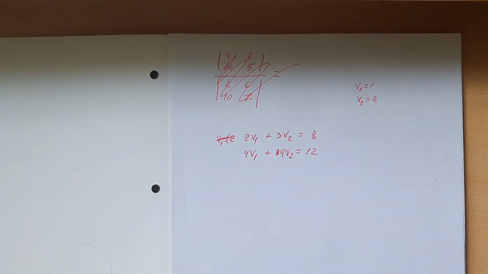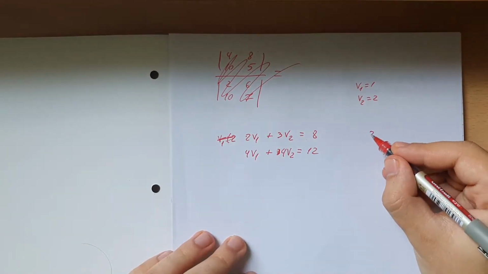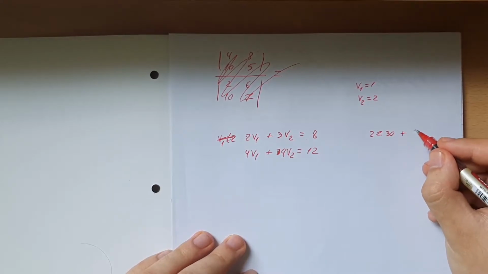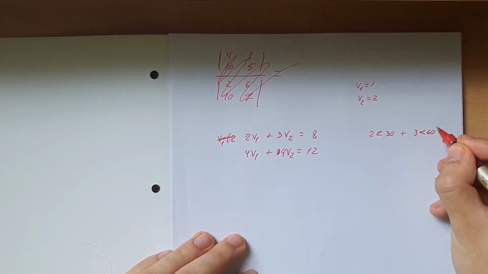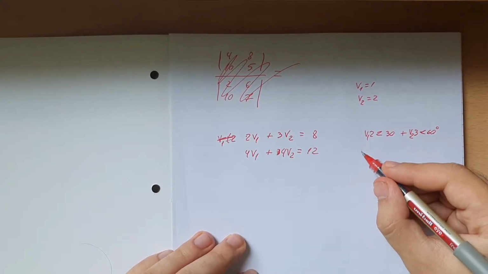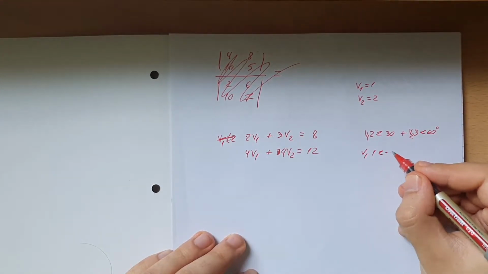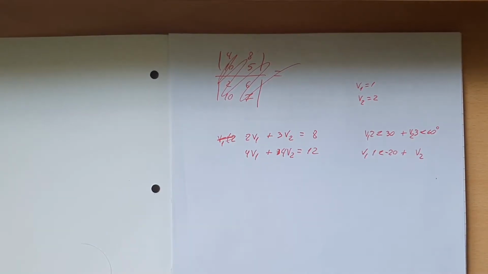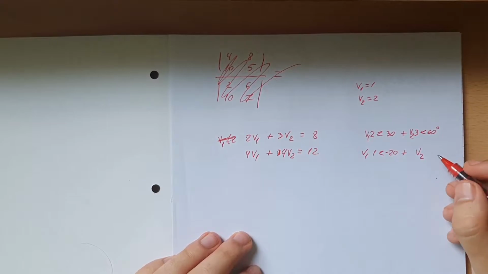We use complex numbers, and trying to find the value of 2 at an angle of 30 degrees plus 3 at an angle of 60 degrees, v1 and v2, and then the other v1 at an angle of minus 20 plus v2, which will be 2 at an angle of minus 40 degrees.